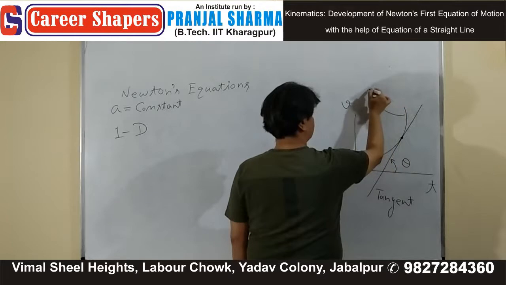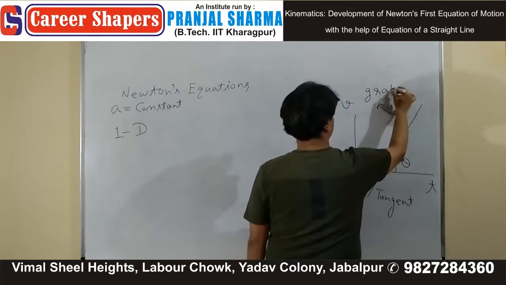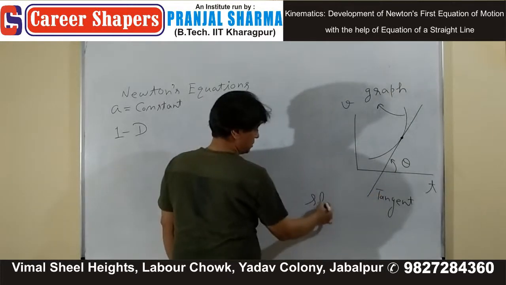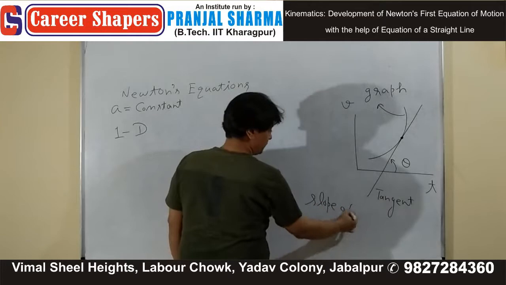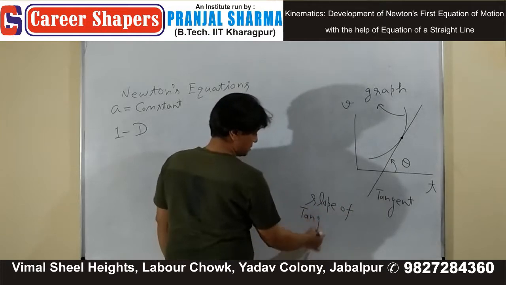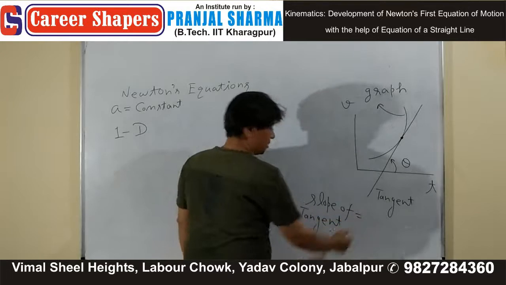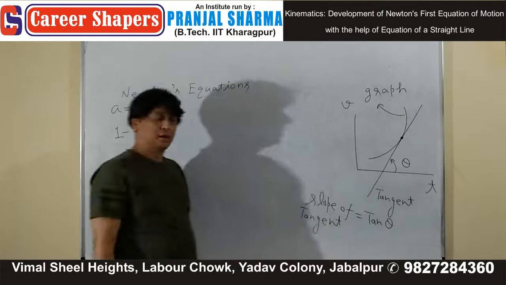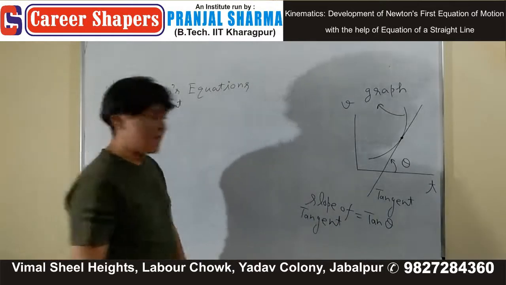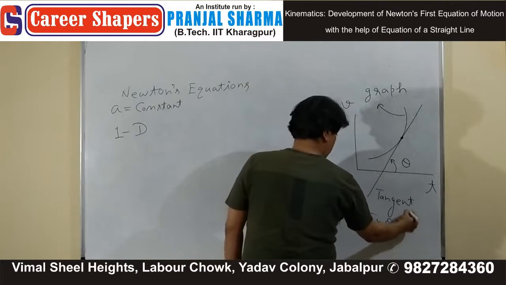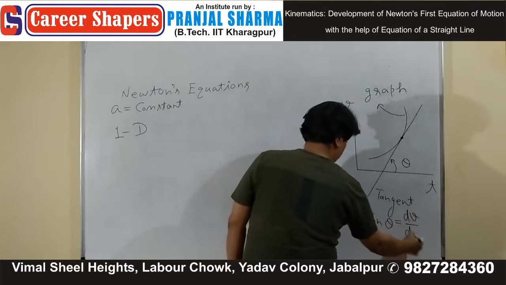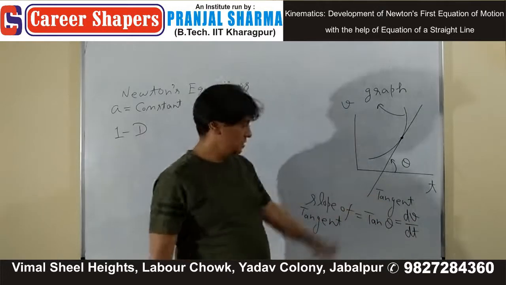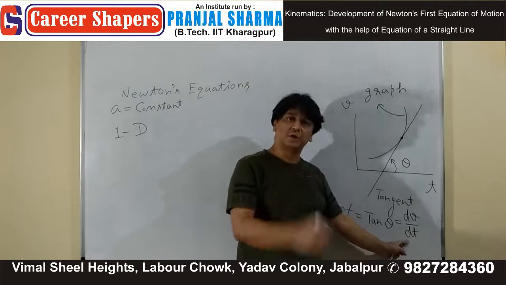This is your graph. This is the tangent. Slope of tangent. What is slope of tangent? Tan theta. What is tan theta? dv upon dt. d of whatever is on the vertical axis divided by d of whatever is on the horizontal axis.